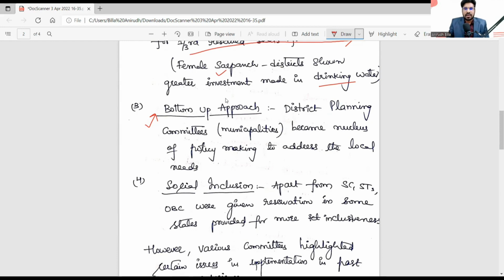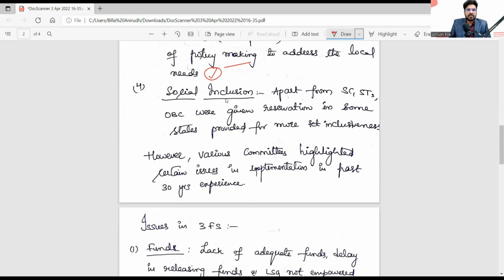For example, district planning committees of municipalities became the nucleus of policy making to address the local needs. So this is one of the important points. There is no need to write it as it is, guys. You can take down these points as bullet points and use your own words so that it will become more live.